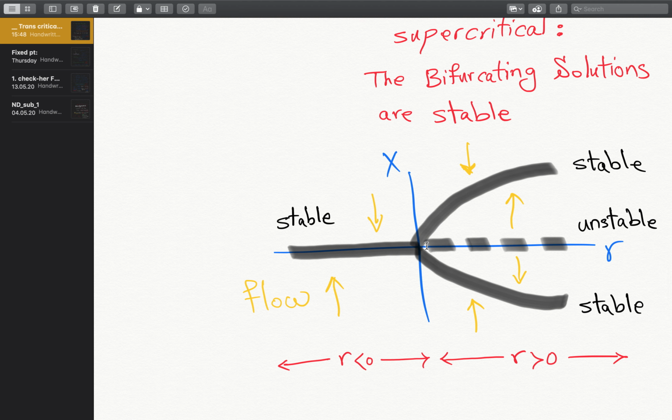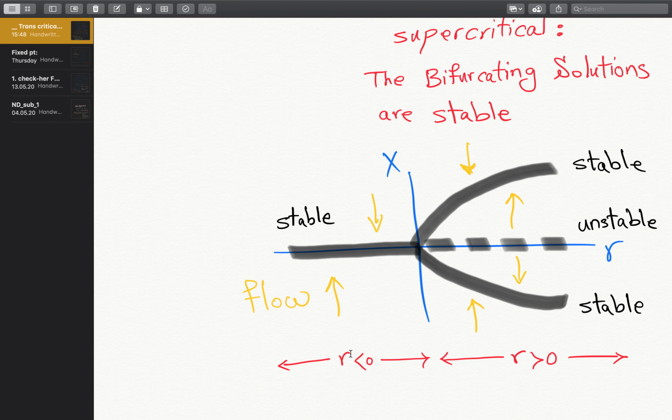So this line, this family of fixed points here, which is stable, is going to be unstable. And then we have two sets of fixed points which are stable. And you see that this picture is like a pitchfork, and this is why we call it pitchfork bifurcation.